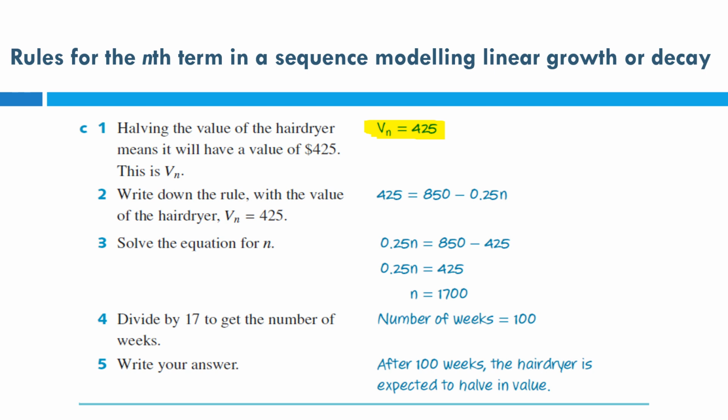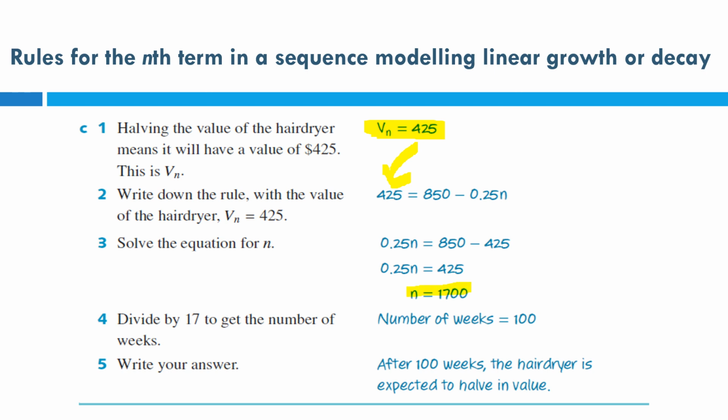That's half of 850. So we're saying if it's worth 425, it started off as 850, we're saying take away 0.25 times n.